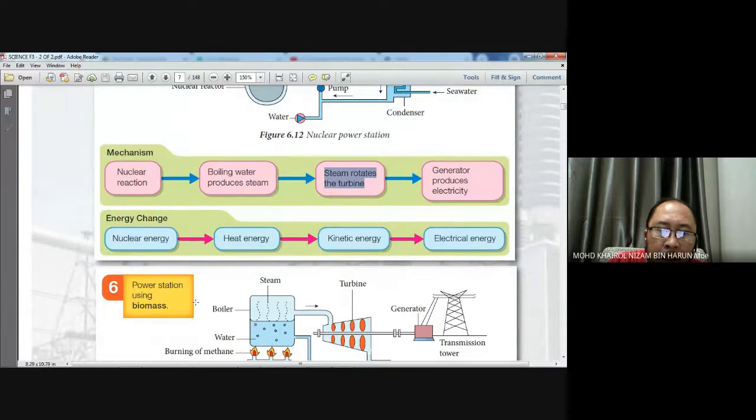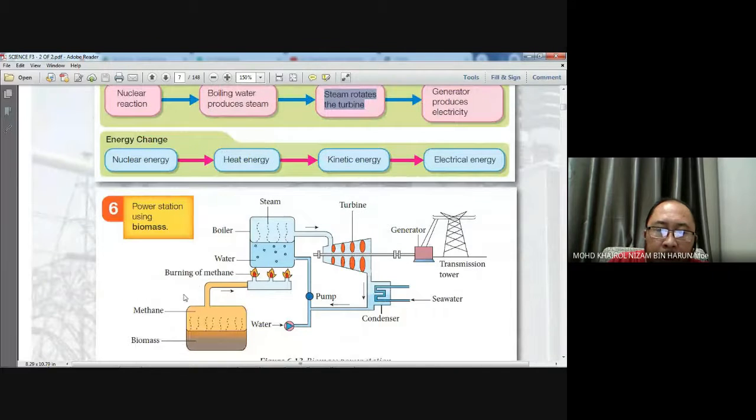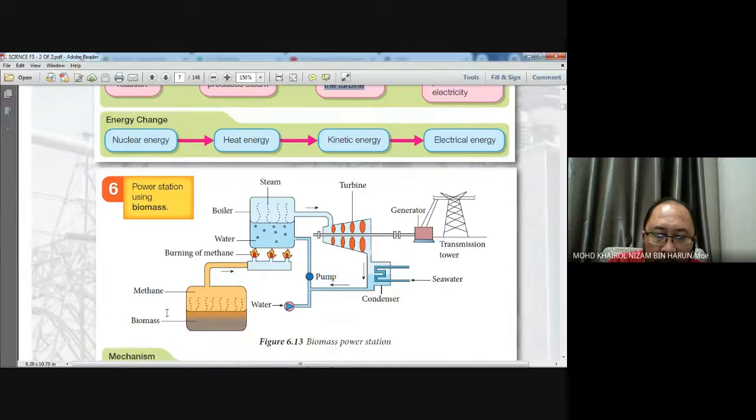Power station using biomass. When biomass is burned, it will produce some kind of hydrocarbon substances. When these hydrocarbon substances are burned, they will produce a lot of heat energy.